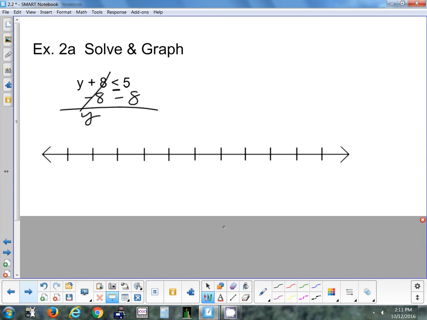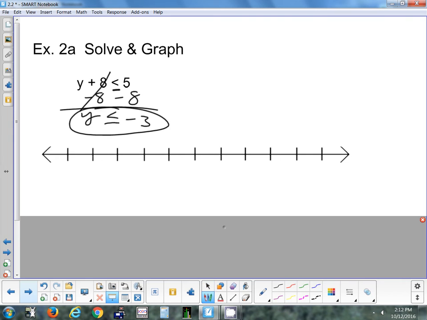Yep, remember if it points to the left, begins with L, less than, left. Okay, less than or equal to. And 5 minus 8 is negative 3. Okay. So y is less than or equal to negative 3.